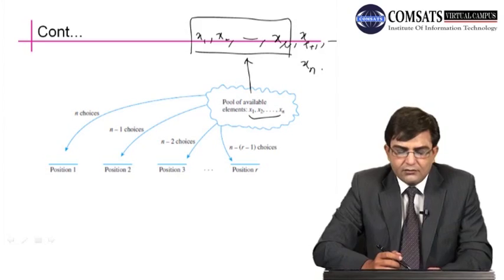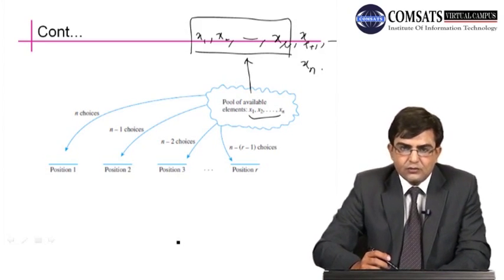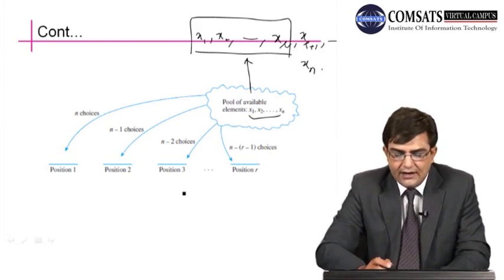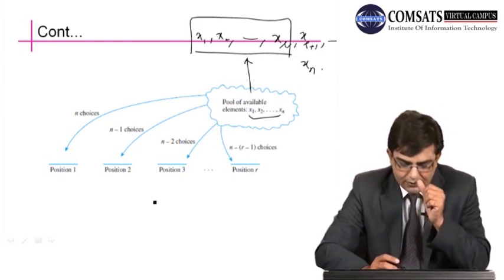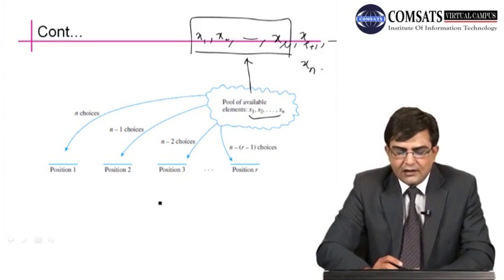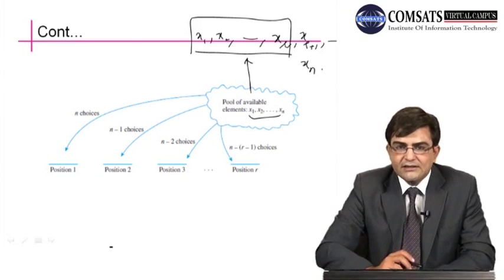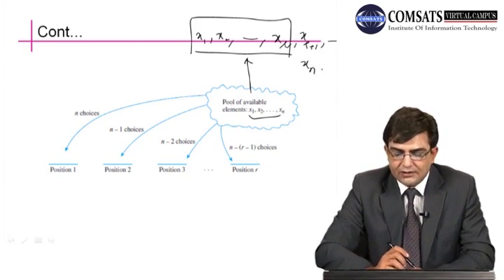Then at position 1 we have n choices, at position 2 we have n minus 1 choices, at position 3 we have n minus 2 choices, and so on. At the rth position we have n minus r minus 1 choices.